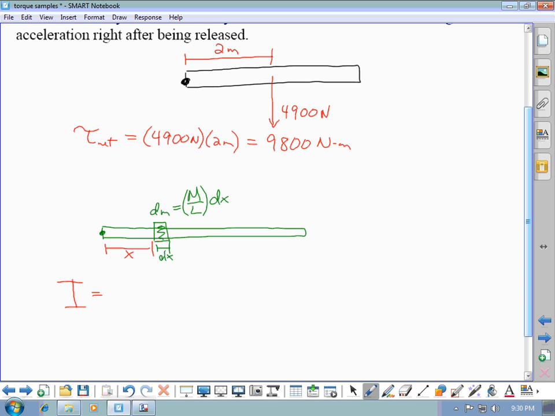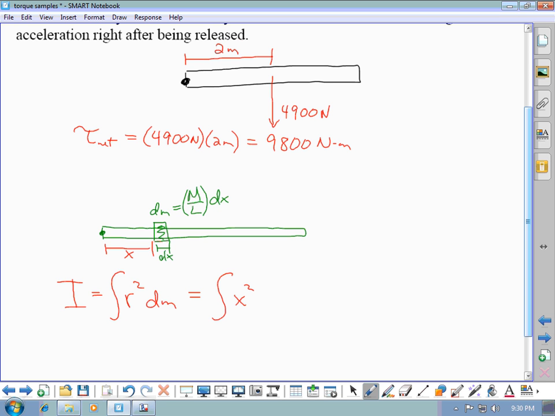And the rotational inertia is, again, before it was m1 r1 squared plus m2 r2 squared. Well, for this, we're going to add up an infinite number of pieces, so it's the integral of r squared dm. The distance from that piece to the pivot point is x, so r is x.